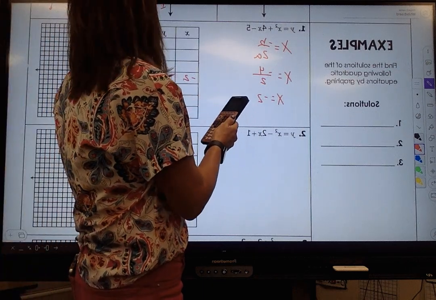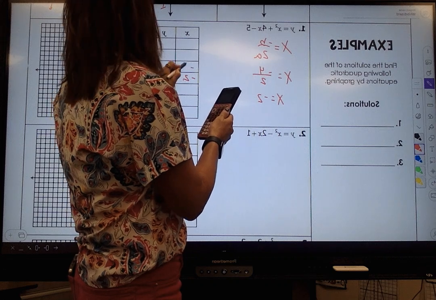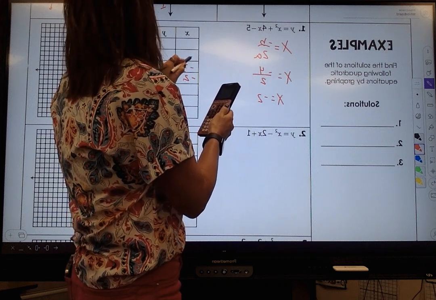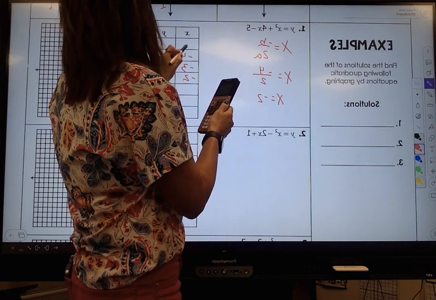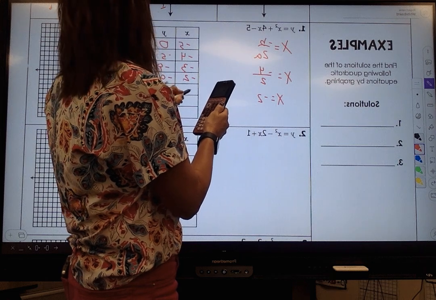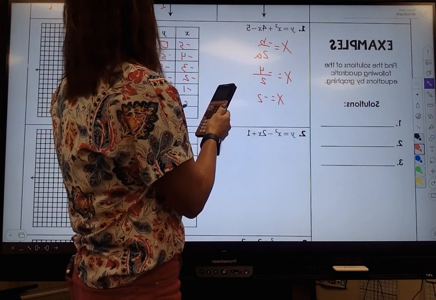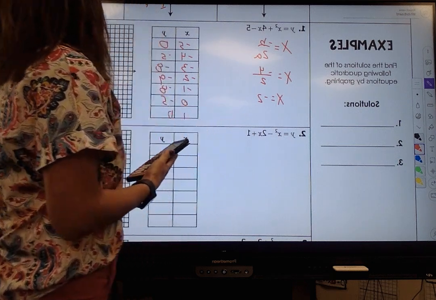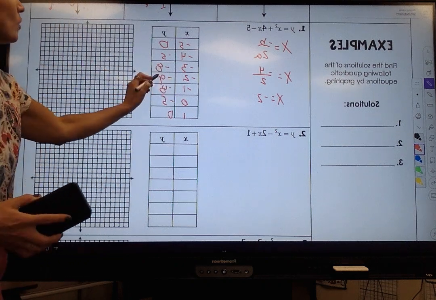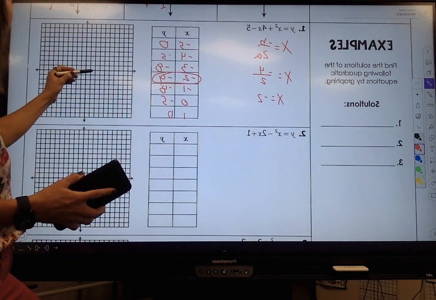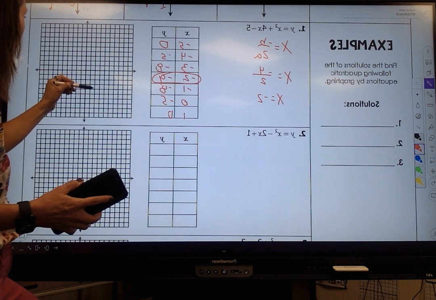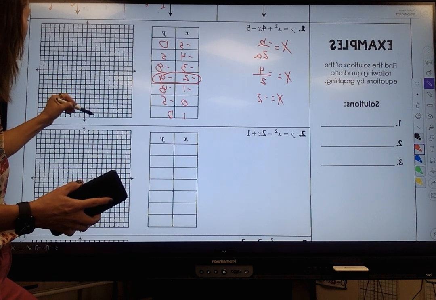So again, I'm going to go up and down from the vertex: negative 5, 0, and then negative 1, negative 8, 0, negative 5, 1, 0. I'm going to plot these points, so I'm going to start with my vertex of negative 2, negative 9, counting 1, 2, 3, 4, 5, 6, 7, 8, 9.